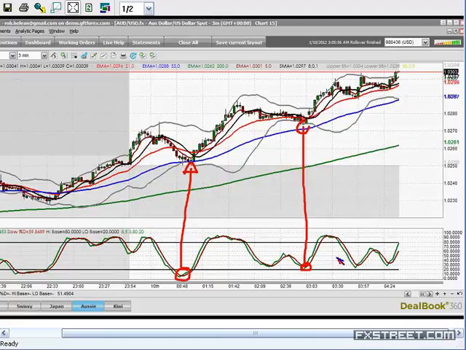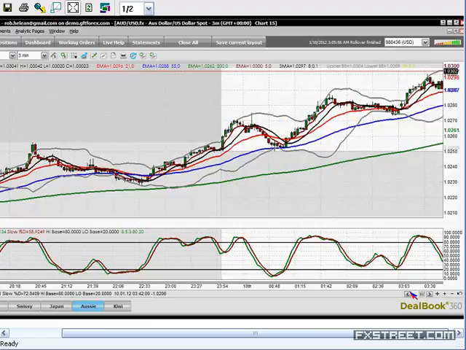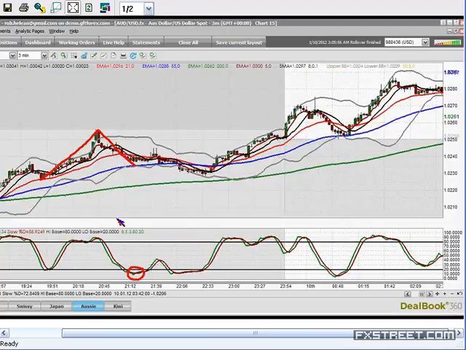What you'll see is something like this, Harry, where you take a trade like this, where it comes down, you think, oh, this is going to go long, the Stokes crosses, and gives you a false message.